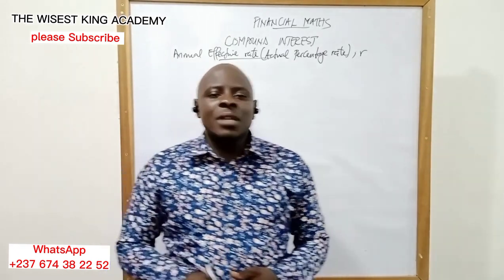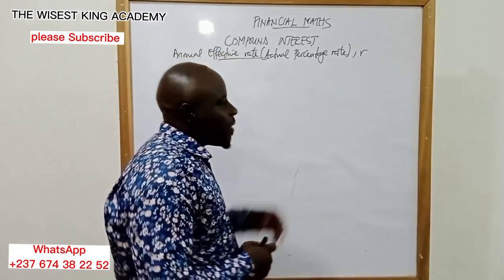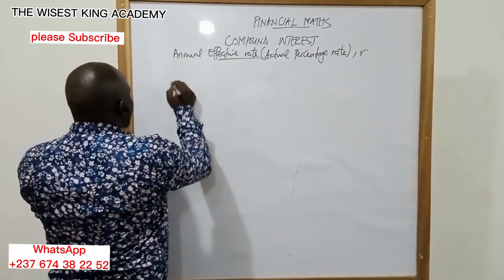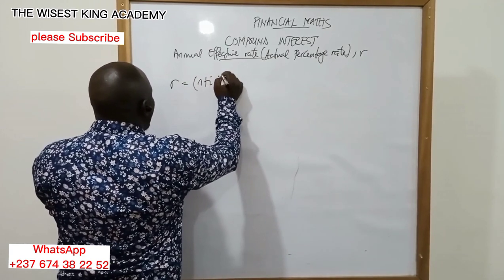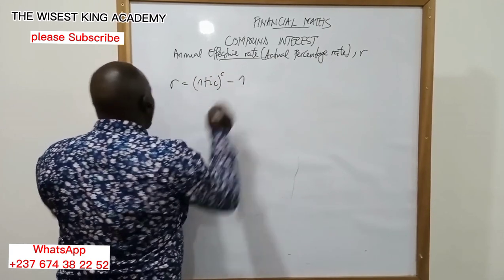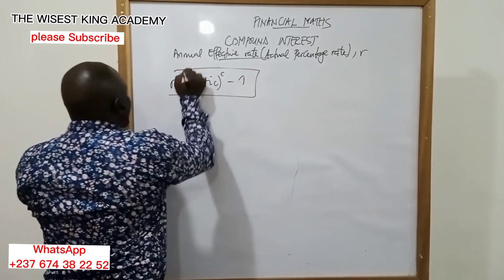The annual effective rate is denoted by R, and it's calculated as follows. R is equal to 1 plus IC raised to the power C, minus 1. That is the formula.